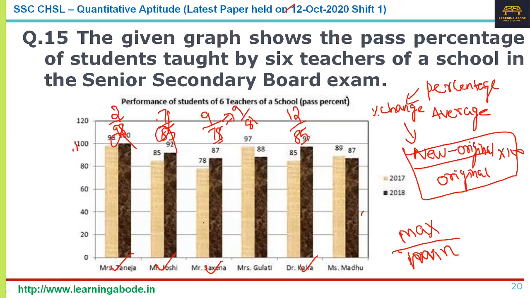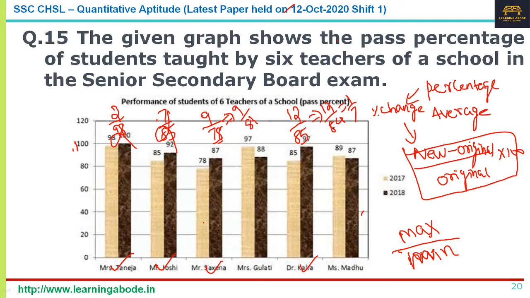Whereas if you look at 12 by 85, you can approximate it as 12 by 84. That is 1 by 7. What is 1 by 7? It is 14 percent. So 9 by 78 is going to be a little more than 11, but 12 by 85 is going to be closer to 14 percent. So anyhow, that is higher.